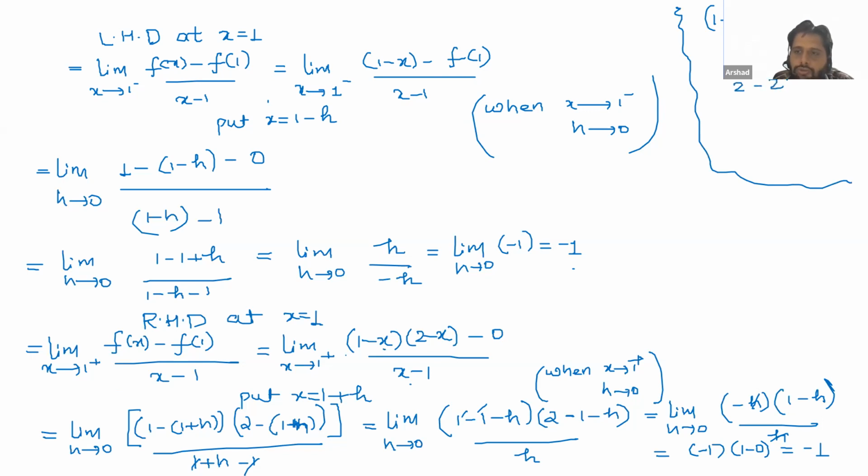So 2 minus 2x, sorry, 2 minus 3x plus x square. This is the mistake you have made. Umair, please correct it and check what answer you get. Then find for x is equal to 2 and share your answer.